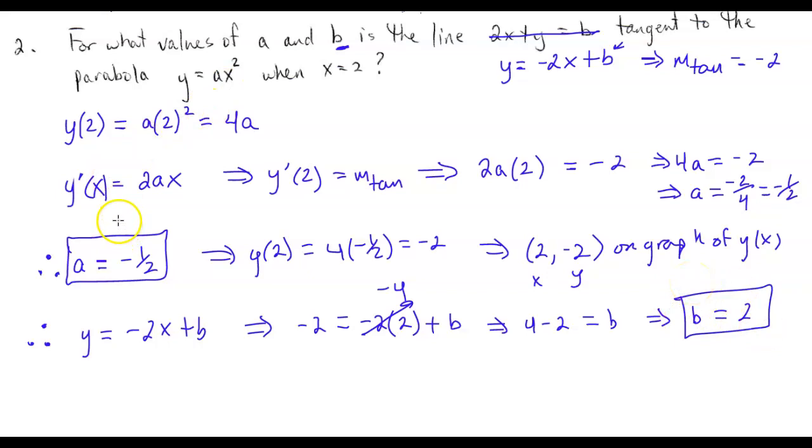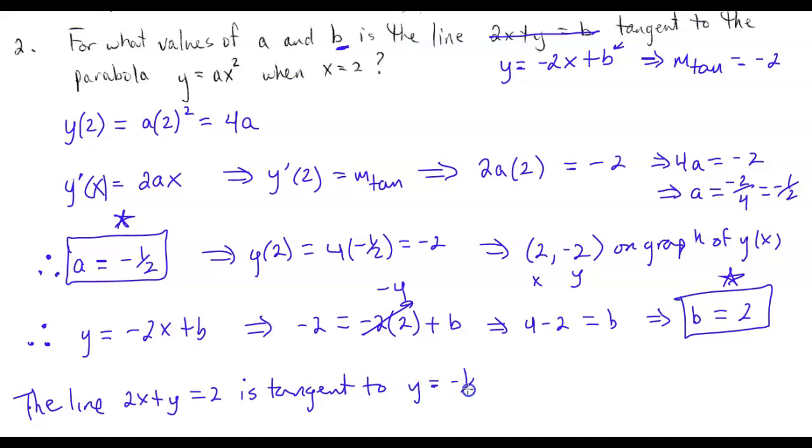So our answer here is that a is equal to -1/2, b is equal to 2. And so what this means now is that the line 2x plus y equals 2 is tangent to this parabola, y is equal to -1/2 x squared, at the point (2, -2).